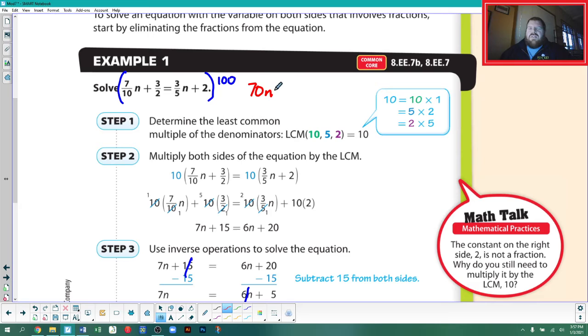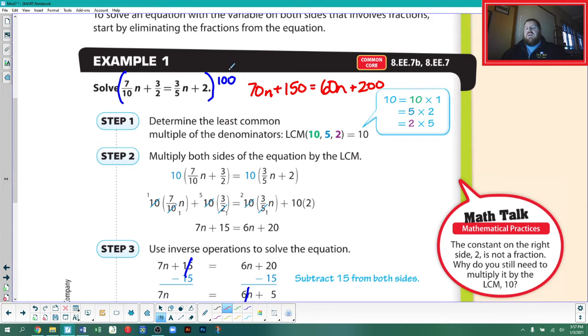So 3 times 50 is 150. The 5 and the 100 reduce to 1 and 20. So I've got 3 times 20, which is 60. And then 2 times 100 is 200.